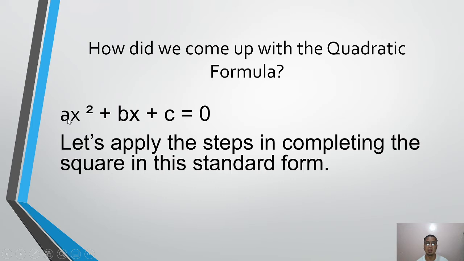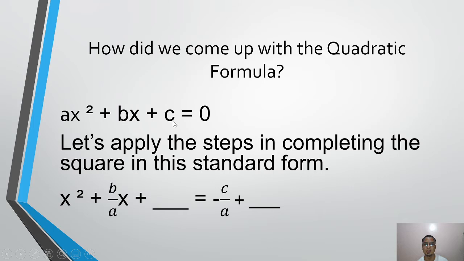So, para mawala yung a natin, yung value ng a, i-divide mo lahat sila sa a. So, divided by a itong term na to, i-divide mo to sa a, i-divide mo rin to sa a. So, ito mangyayari. Mawawala yung a sa x squared. Yung b natin, magkakaroon ng over a. Same goes sa c.